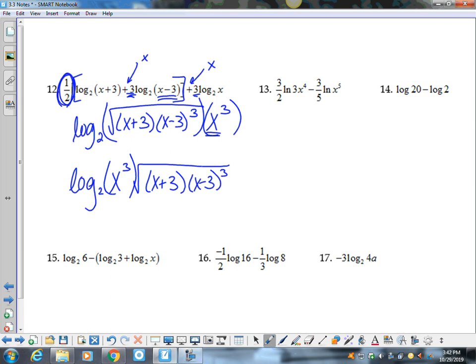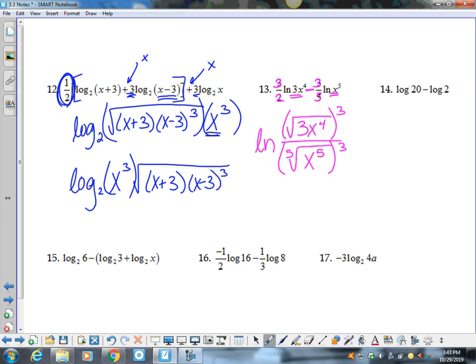Okay, number 13. This is going to be the square root of all of this cubed divided by the fifth root of all of that cubed. So here I go. ln of the square root of 3x to the fourth to the third over the fifth root of x to the fifth to the third.